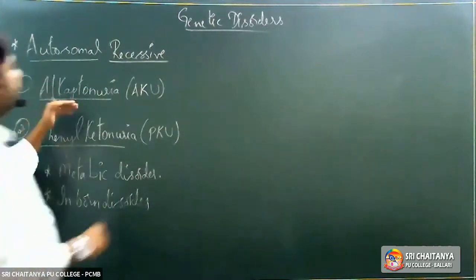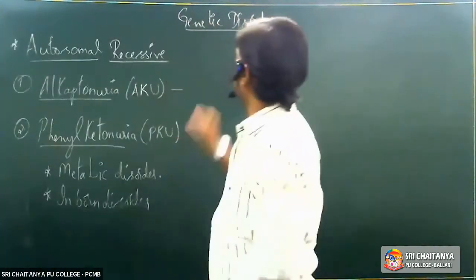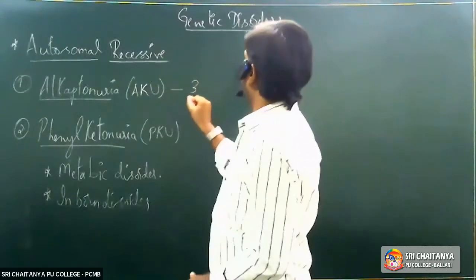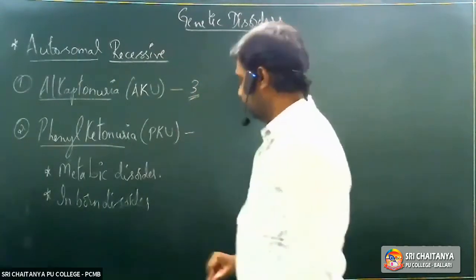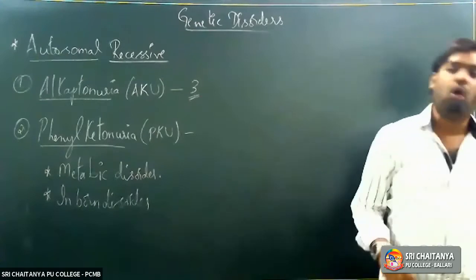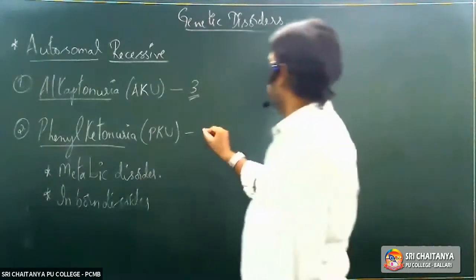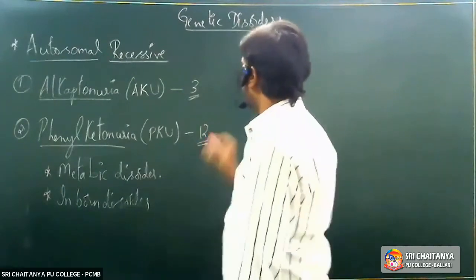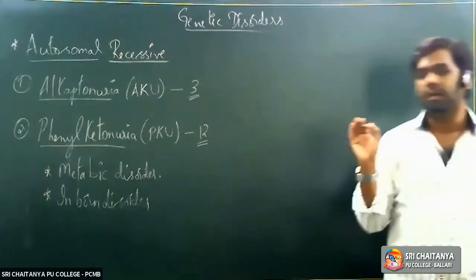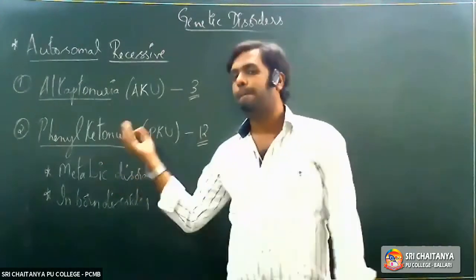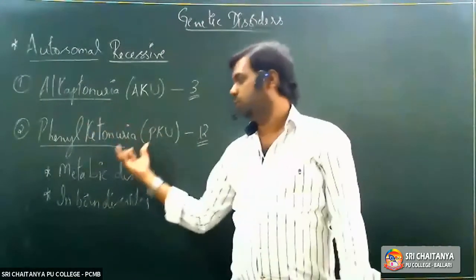In Alkaptonuria, there was a mutation in the gene located on chromosome number 3, whereas phenylketonuria is caused because of a mutation in a gene located on chromosome number 12. Due to this mutation, this inborn metabolic disorder called phenylketonuria is caused.